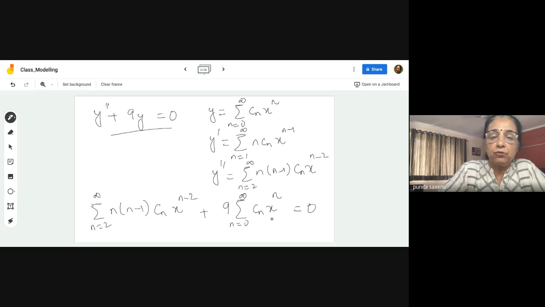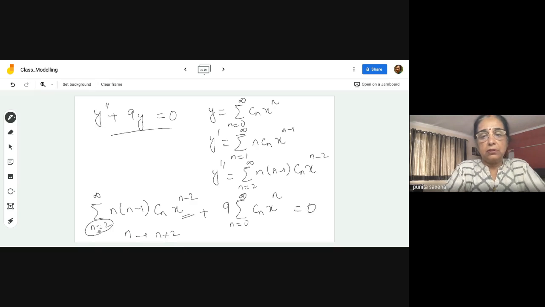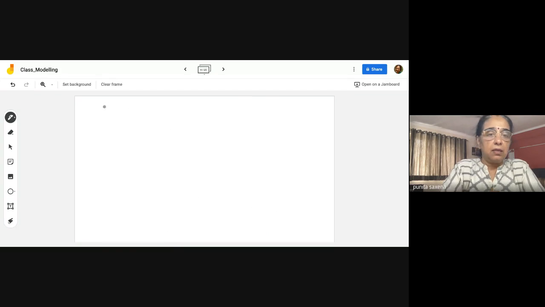We have to make this x^n. So you will change your n to n plus 2 and your starting point will change from 2 to 0. So what you are going to get now is summation n from 0 to infinity.